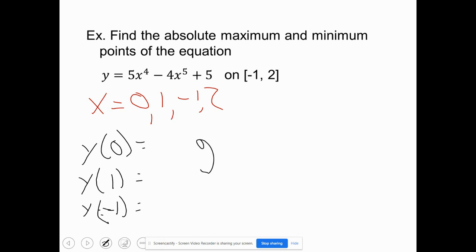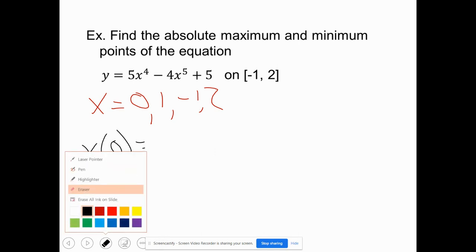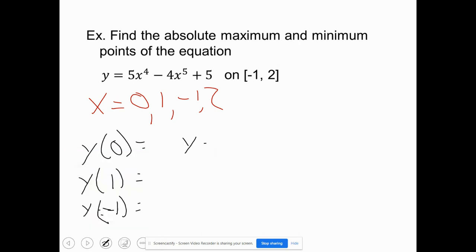I'm going to trust that you can do most of the arithmetic correctly.